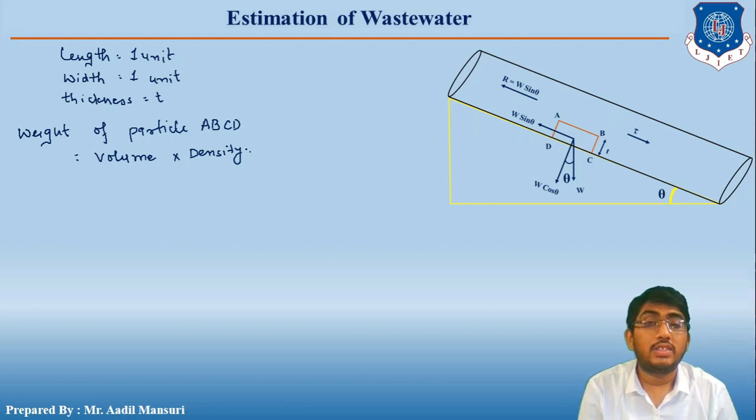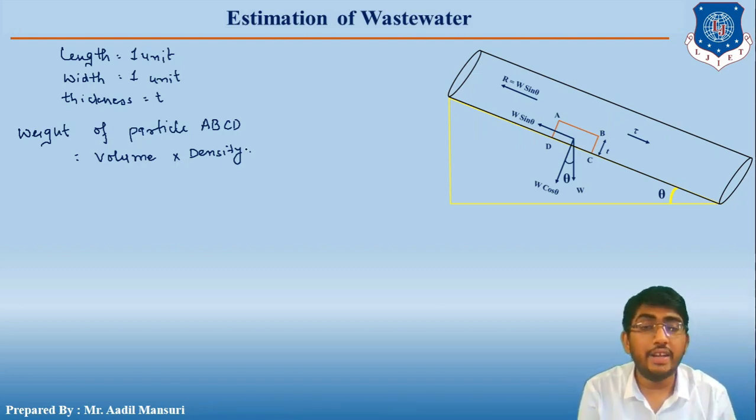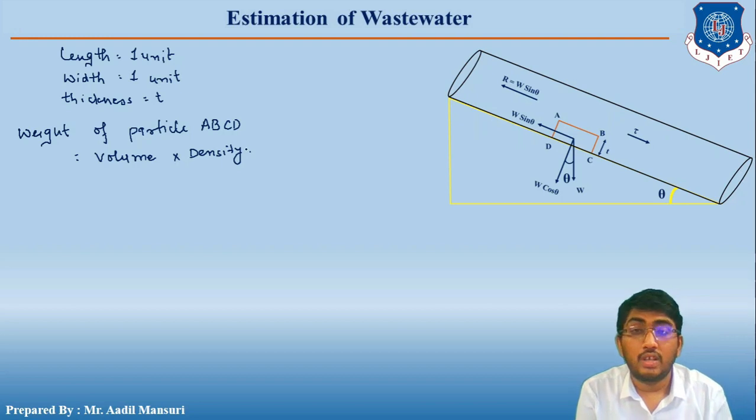Now since the sewage is flowing inside the sewer, it will contain solid as well as water, and the particle that we have considered is at the bottom of the sewer. It means that the particle will be submerged in the water. Understood? So this density will be the submerged density.